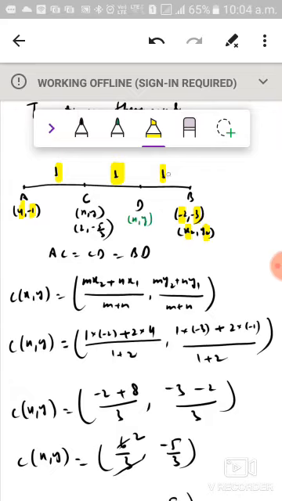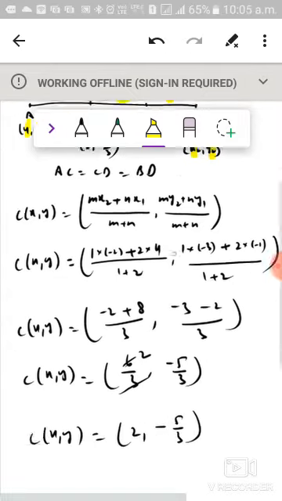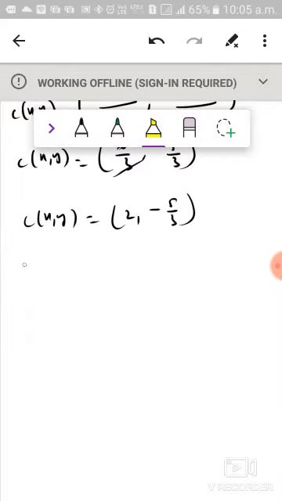CD is 1, BD is 1. It means m and n are equal. CD equals BD, a 1 to 1 ratio. When the ratio is the same, it means D is the midpoint, and we have discussed the midpoint formula also. So write as: D is the midpoint of CB.